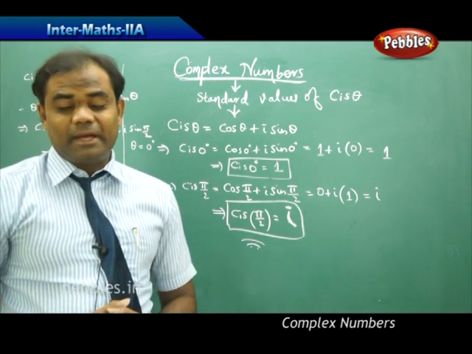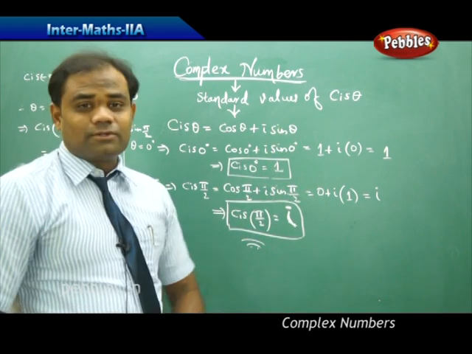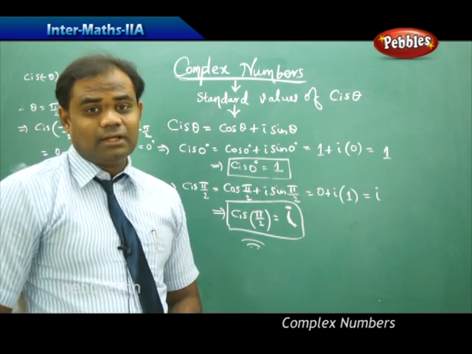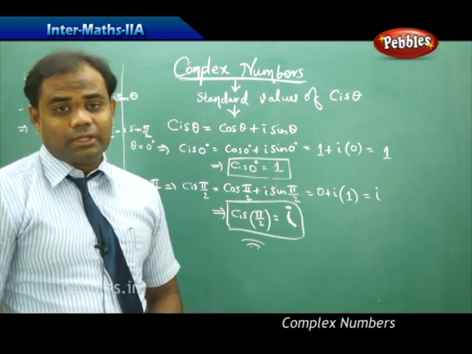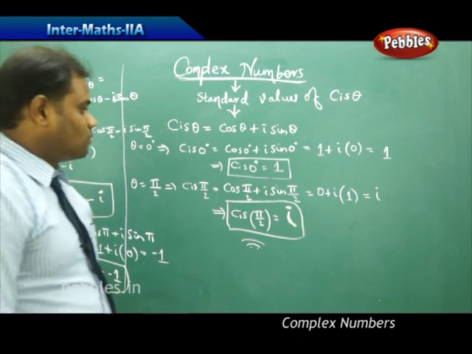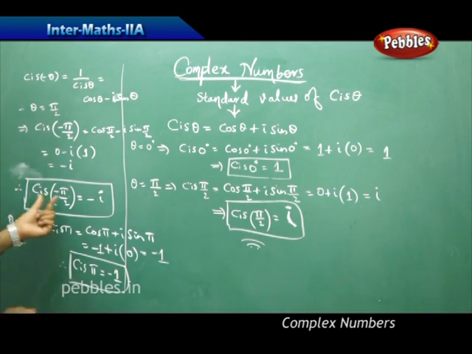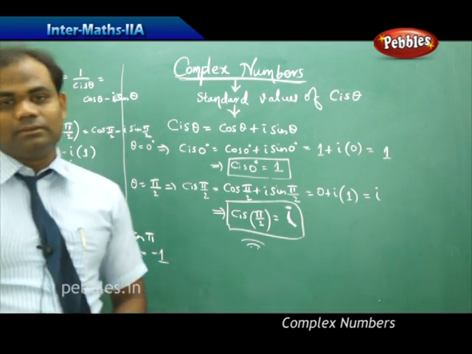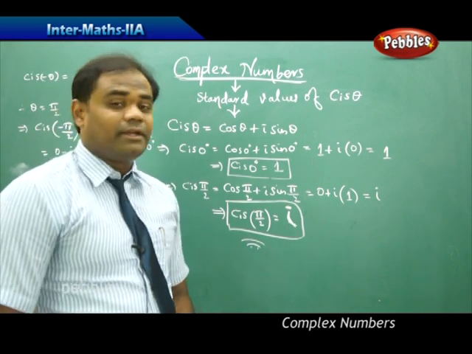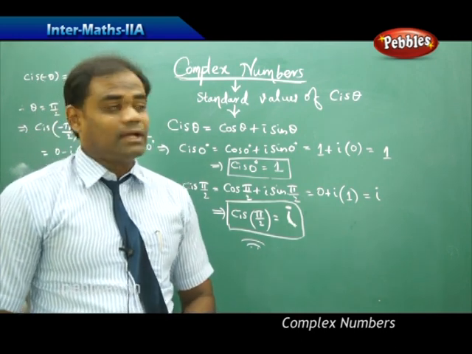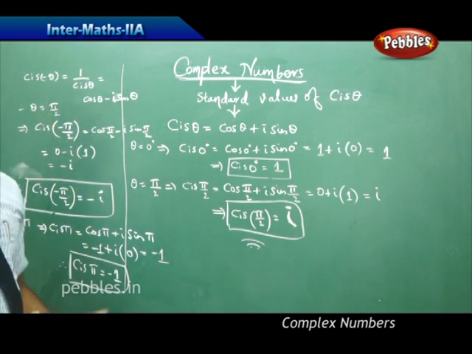So these are the 4 basic standard values of cis theta, which we have to know as standard formulae. One is cis 0 is 1, cis 90 is I, cis minus pi by 2 is minus I, and cis pi is minus 1. This is how we understand the various properties of cis theta and cis minus theta.